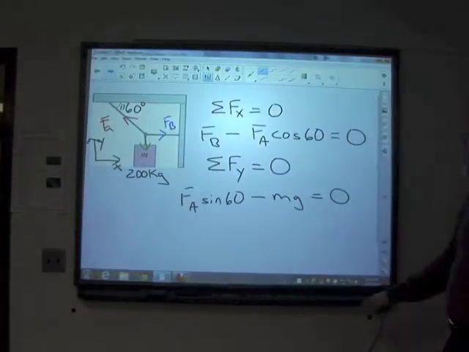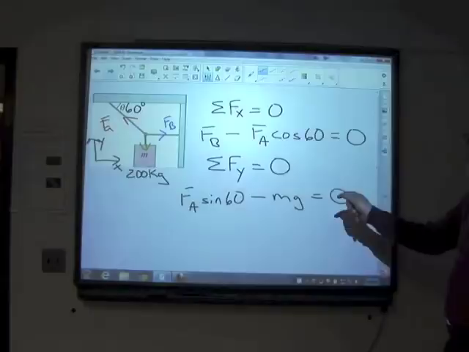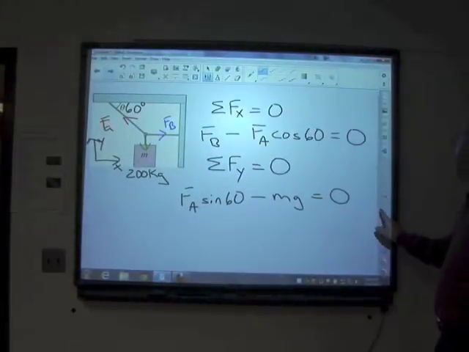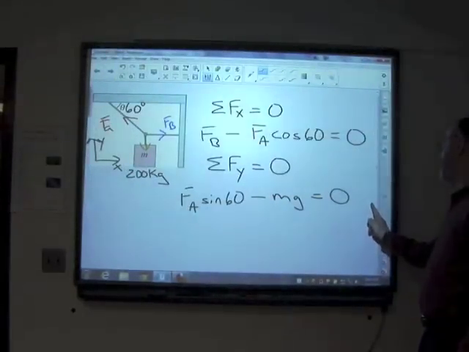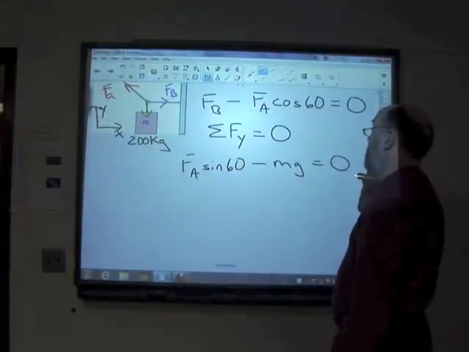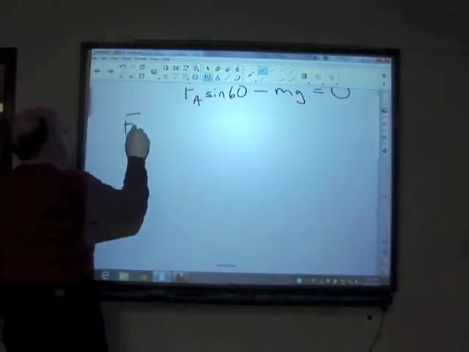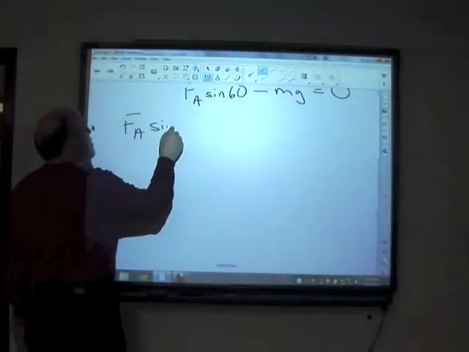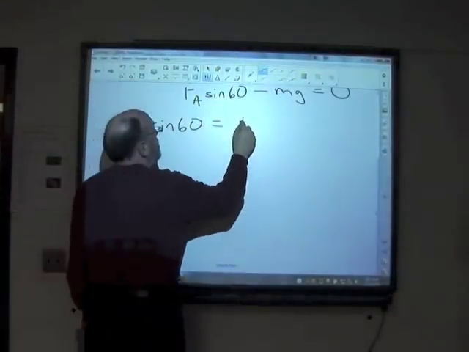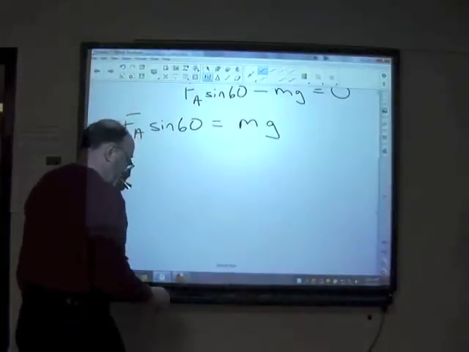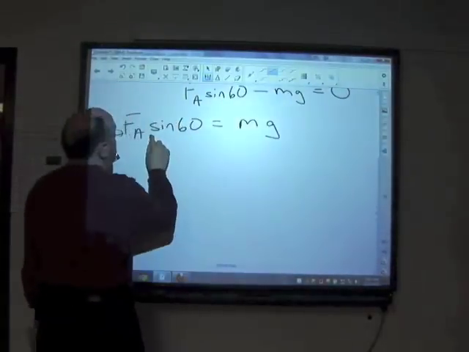And so given that we know what the mass of the block is and we know what g is, we can figure out the force in cable A. And so F sub A sine 60 is going to equal mg, and then we can divide both sides by the sine.